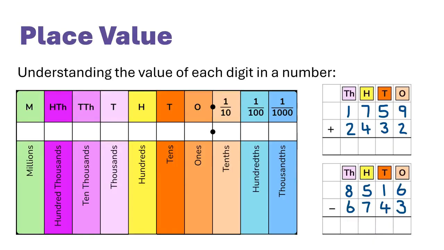So, place value. Let's first of all look at the place value chart on the left here. It goes as high as millions and as low as thousandths. I will explain what those last three on the end mean in just a second. But first of all, let's have a look here.